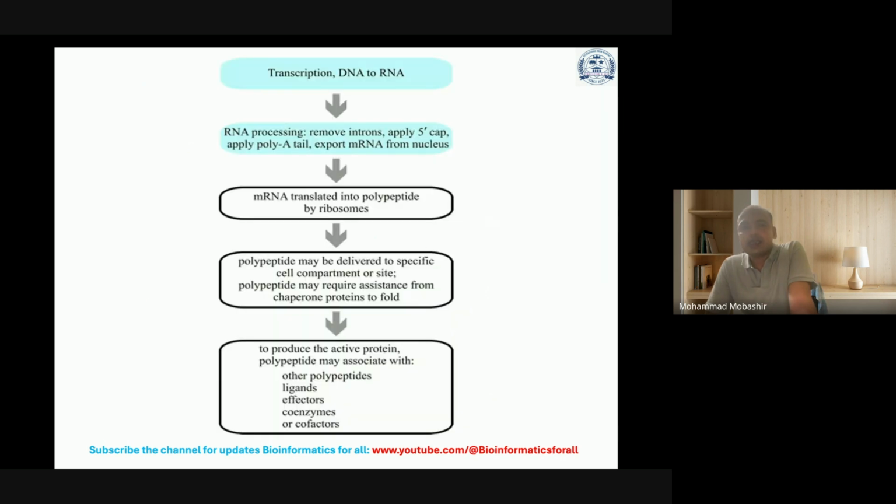In general, this protein synthesis process is in three steps, but here you can see transcription, DNA to RNA, then RNA processing: remove introns, apply 5' cap, apply poly A, export mRNA from the nucleus, and then mRNA is translated into polypeptide by the ribosomes, and these polypeptides may be delivered to a specific cell compartment or site.